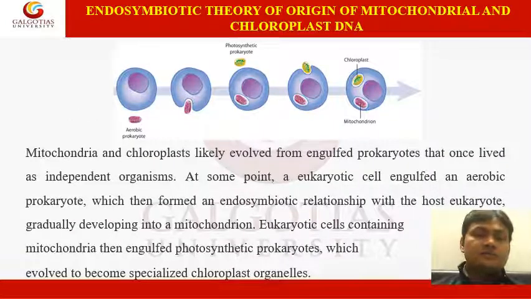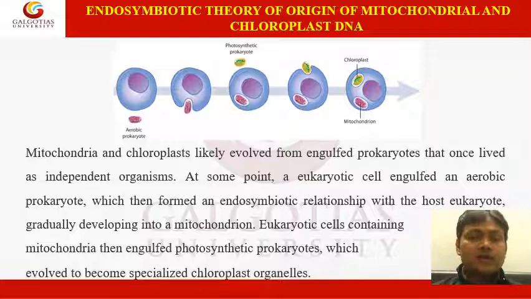In this figure, you can see the endosymbiotic theory of origin of the mitochondrial and the chloroplast DNA. The mitochondria and the chloroplast likely evolved from engulfed prokaryotes, which once lived as independent organisms. At some point, a eukaryotic cell engulfed aerobic prokaryotes, which then formed an endosymbiotic relationship with the host eukaryote and gradually developed into a mitochondria.